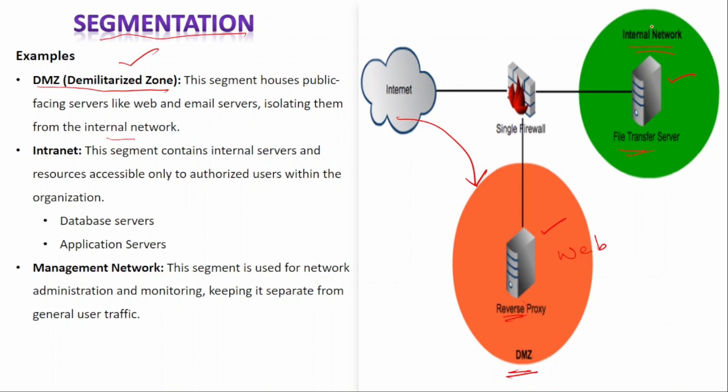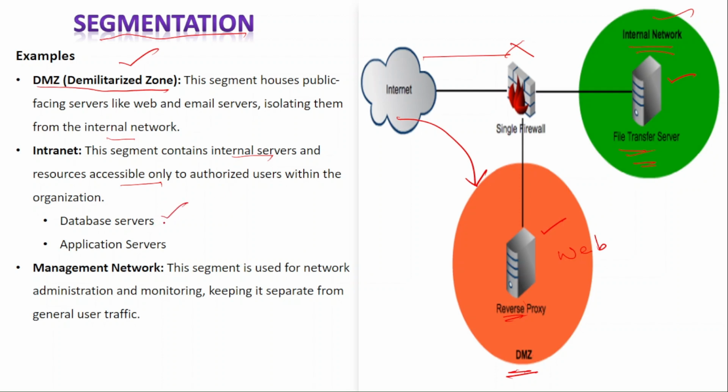Another zone is there, as we can see in this picture, the intranet or your internal network. This segment contains internal servers and resources accessible only to authorized users within the organization. So this file transfer server is accessible within the organization, not from the external network. And this internal network usually contains database servers.